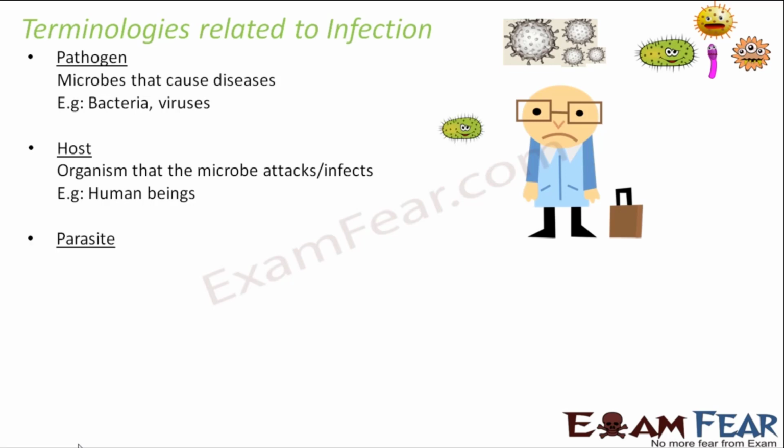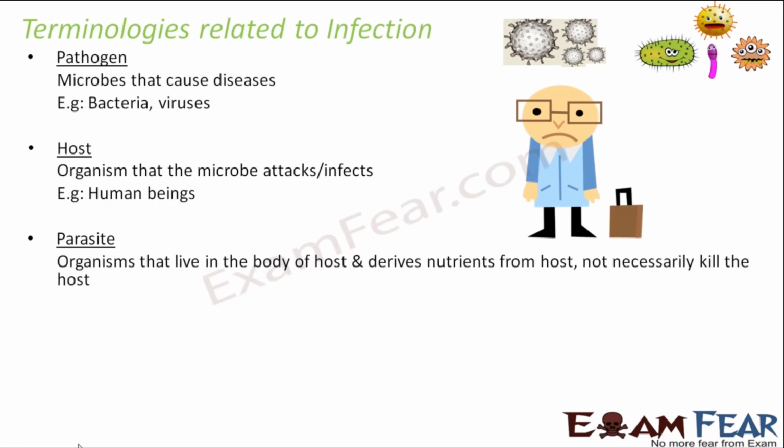The next one is parasite. What is a parasite? Often people get a lot of confusion between a pathogen and parasite. Many people think that pathogen and parasite are all the same, but they are not exactly the same, even though they look quite similar. What are parasites? These are organisms that live in the body of a host and derive nutrients from the host, not necessarily killing the host.